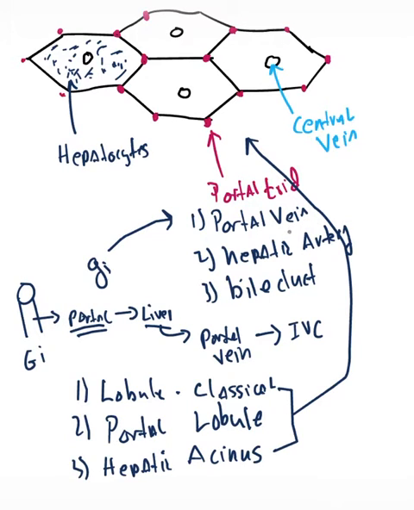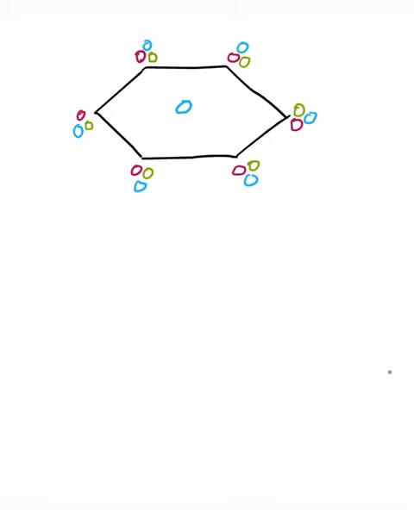So let's go ahead and look at the lobule, or the classical lobule picture, first. The classical lobule picture takes one of those units and isolates it into a structure called the lobule. So here we have the lobule, and what we have here is the triads.